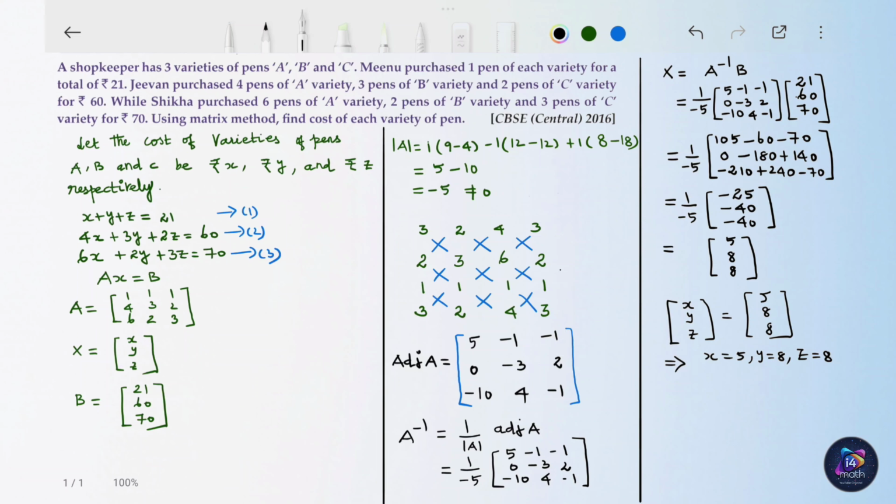That is the cost of the variety A. So the cost of pen A is rupees 5. Cost of pen B is rupees 8. Cost of pen C is rupees 8.